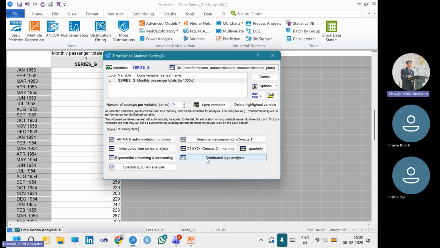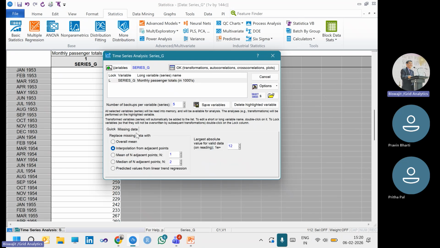These are the methods supported by the conventional interface under the statistics tab. This is the missing data imputation, with overall mean, interpolation for adjacent points, mean and adjacent points, median and adjacent points, and predicted values from linear trend regression.